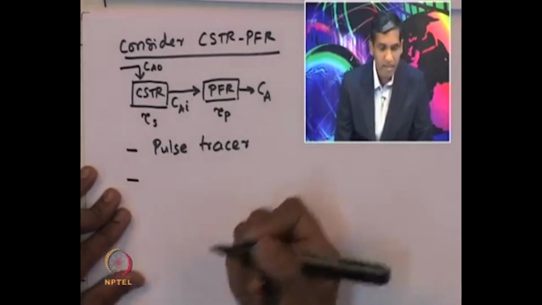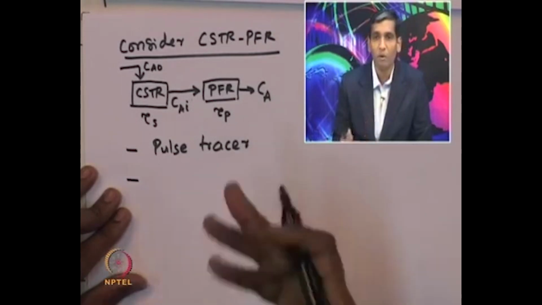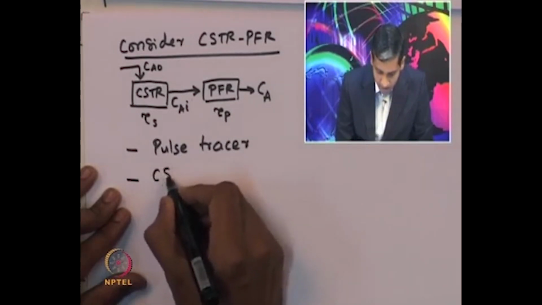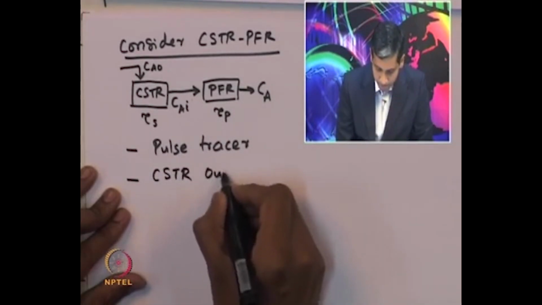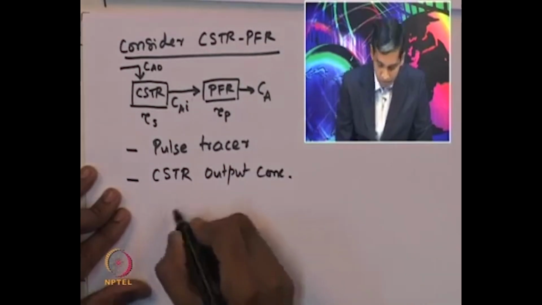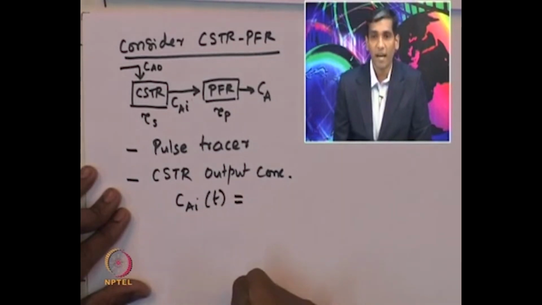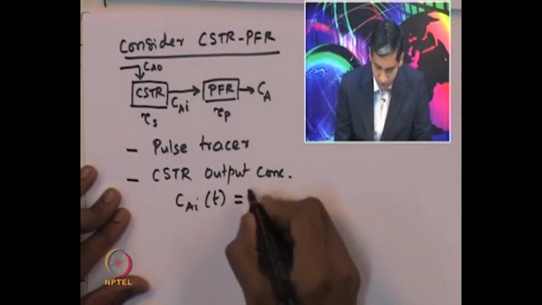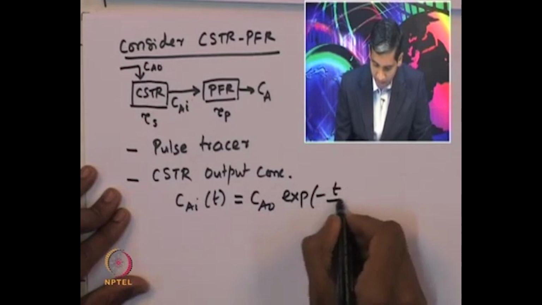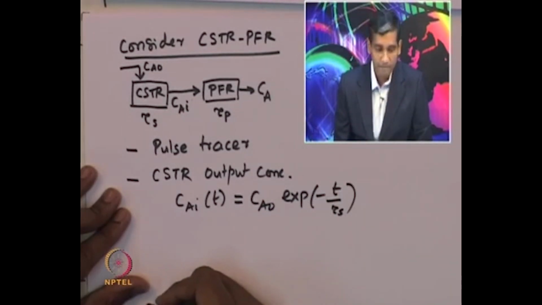Now, we know the mole balance for the tracer for the CSTR output concentration, we have seen it many times. By solving the mole balance, Cai as a function of time is equal to Ca naught times exponential of minus t by tau s, where tau s is the space time of the CSTR.